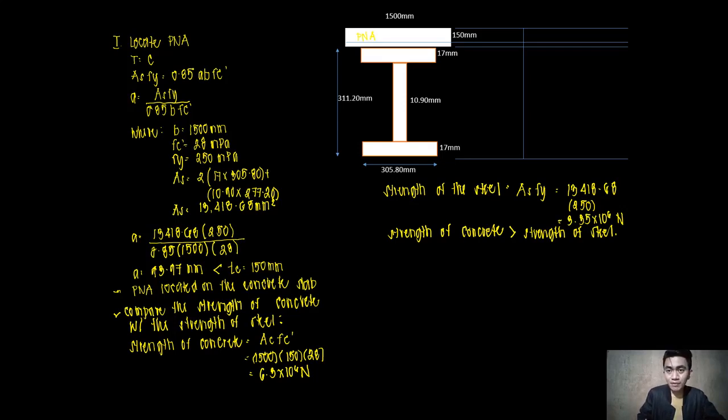So say for example, for our compressive force, let us draw it at this part. So we will be having our compressive force here, which is now directed this way. Then at the same time, I will have here our tensile force, directed this way.